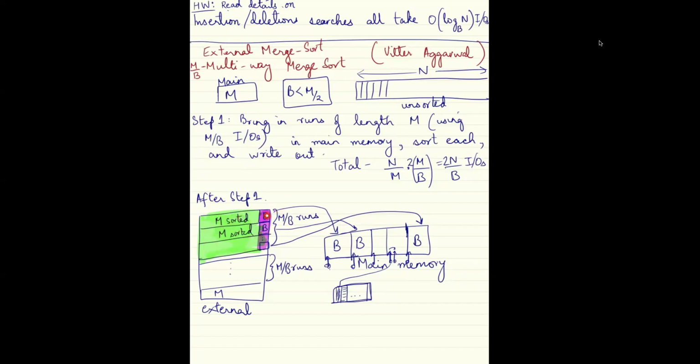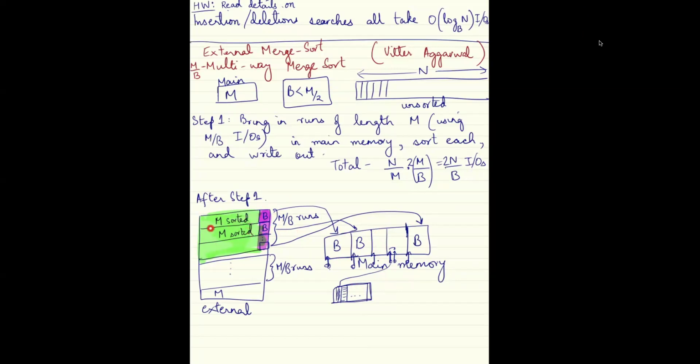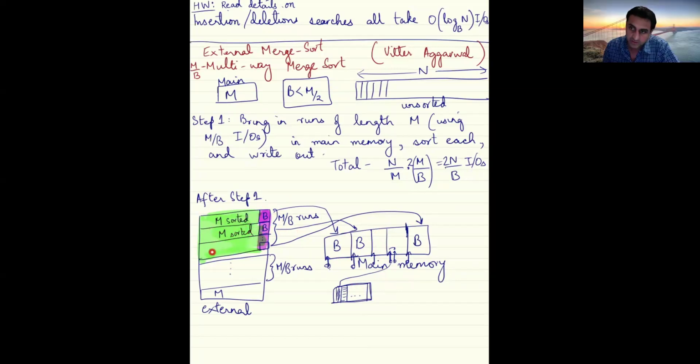At the beginning, I'll bring in the first block of each of these M over B runs, and I'll keep doing this. Once I run out of a block, I'll bring in the next block from that chunk. At the end of the day, I will exhaust all the blocks for every chunk, and I'm basically merging them.